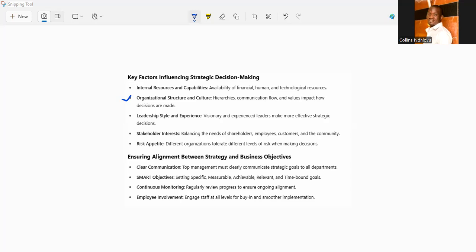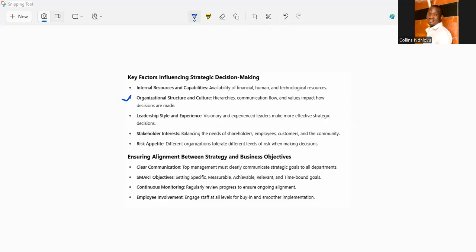The other factor that will influence strategic decision making is risk appetite. Every organization has different levels of risk tolerance. Some organizations are willing to take high risks, others are risk averse. By averse, we mean avoiding risks. Companies that have a high risk appetite are influenced by factors like their financial health, market position, and leadership philosophy.